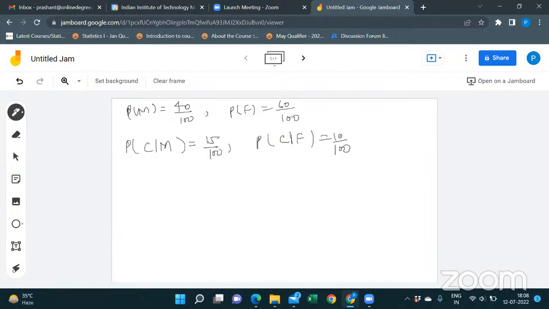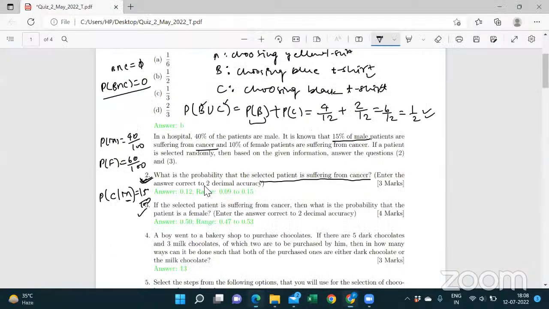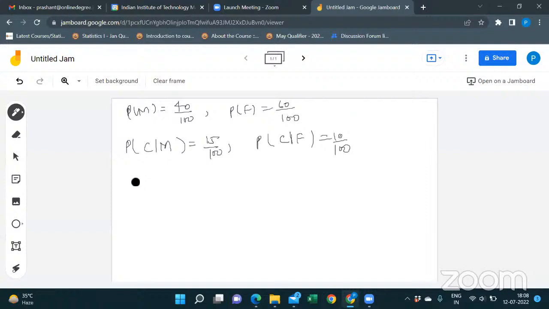Now, the question is, if a patient is selected randomly, what is the probability that the selected patient is suffering from cancer? So we need to find the probability of C, where C means cancer here. Are you getting my point? We need to find the probability that the patient is suffering from cancer.